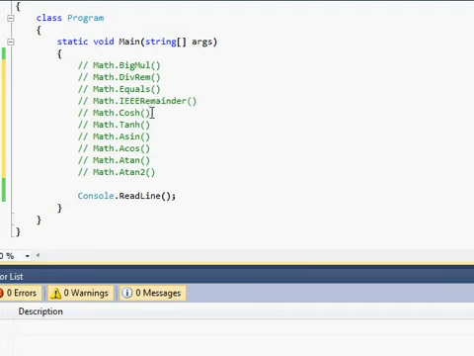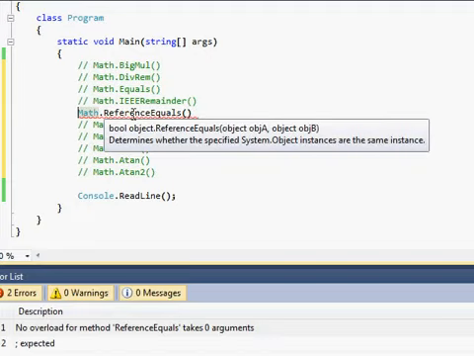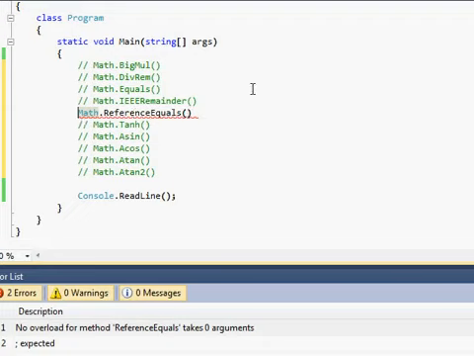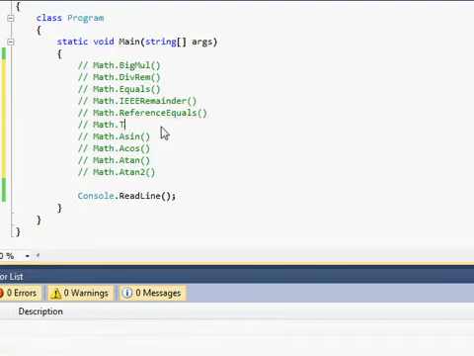I don't remember what that one does, and I probably would never use it. This is ReferenceEquals. This basically compares 2 objects to see if their memory references are the same, which we're going to have to talk about, the memory references and stuff. It's about pointers and things.